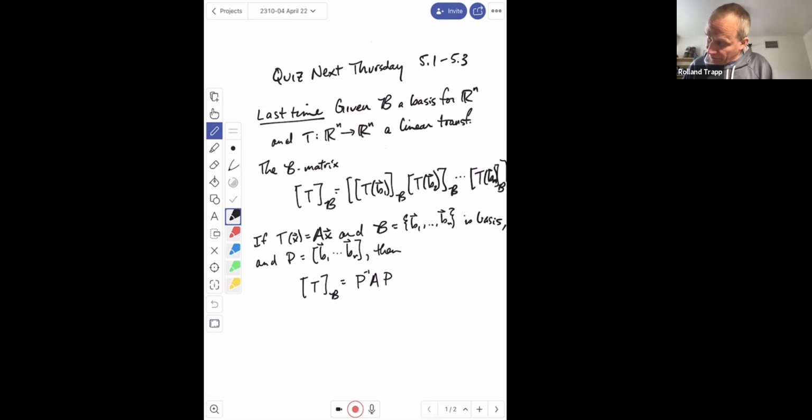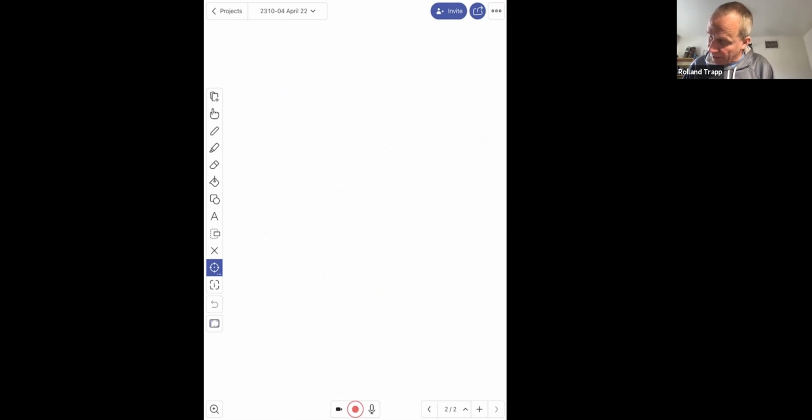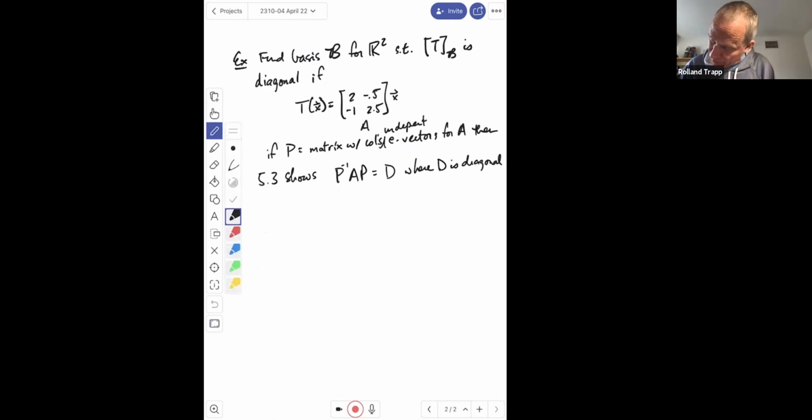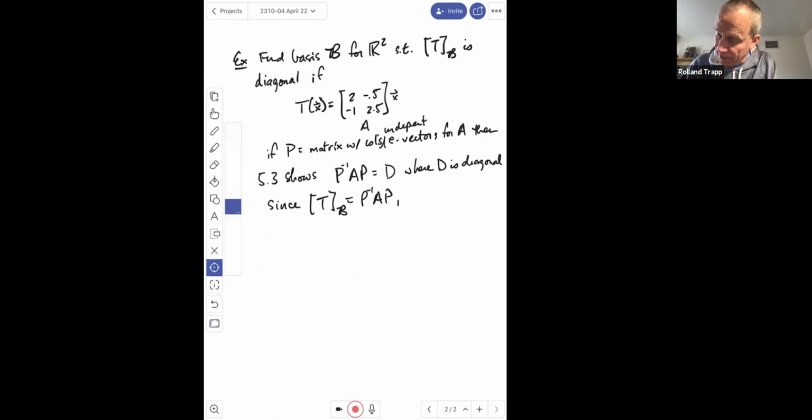So that's what we want to find. The previous statement was that the B matrix for T is P inverse AP, so the columns of P have to be the eigenvectors, and that's exactly the basis we're looking for.